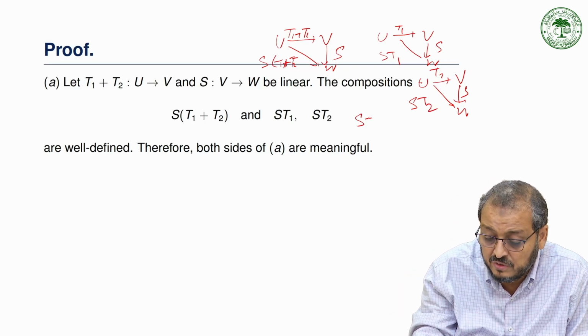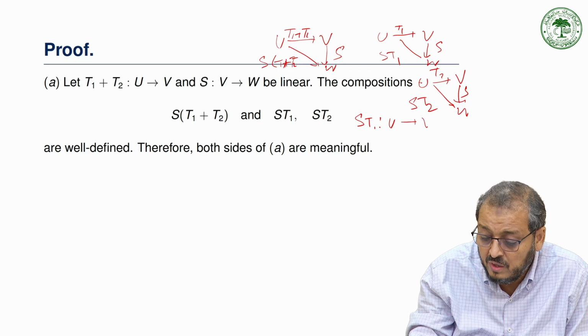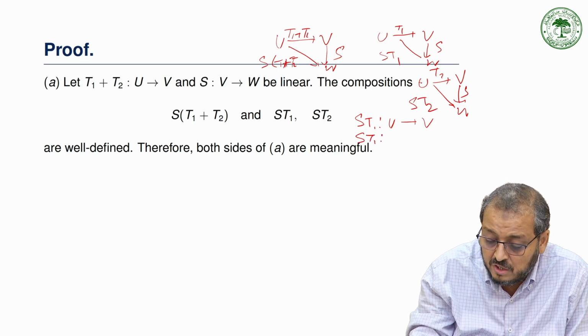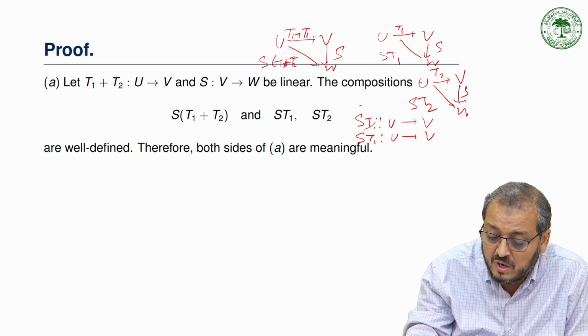Now clearly S of T1 and S of T2 are both from U to W, and these two are linear maps.